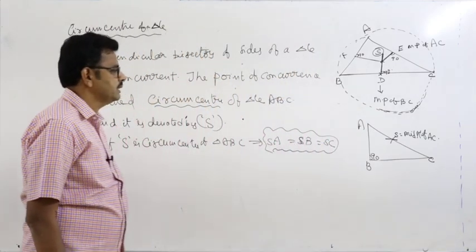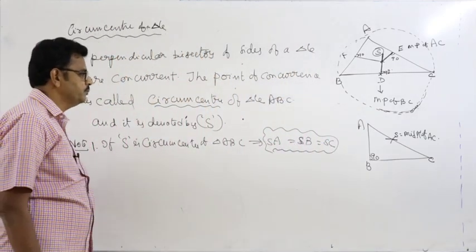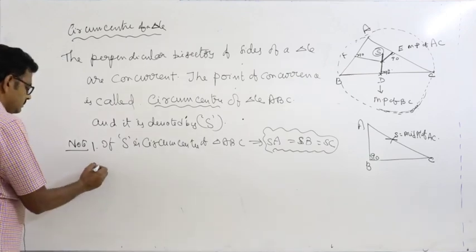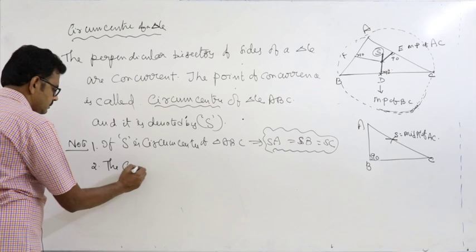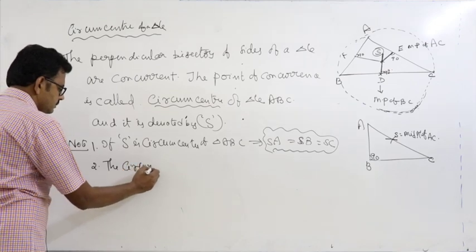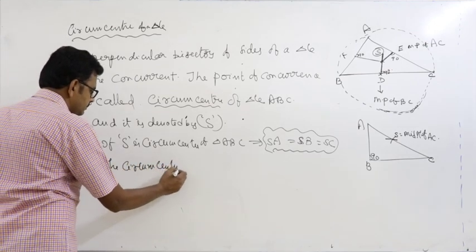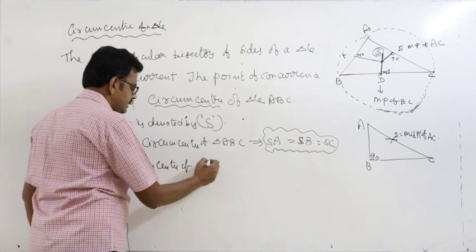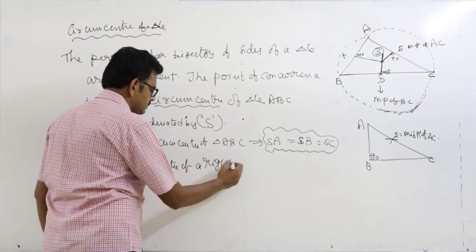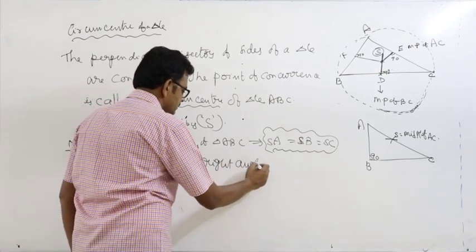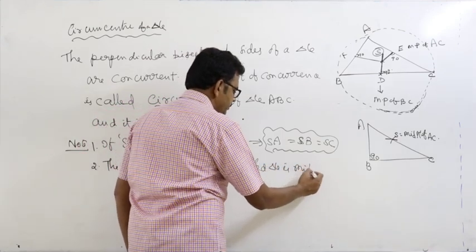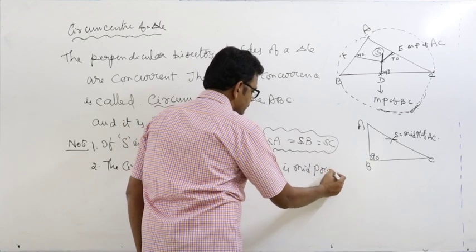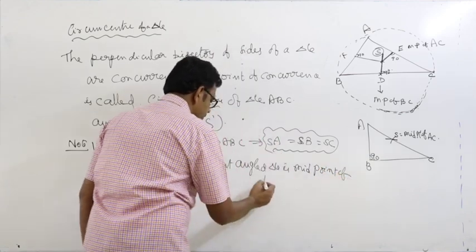The circumcenter of a right angled triangle is the midpoint of the hypotenuse.